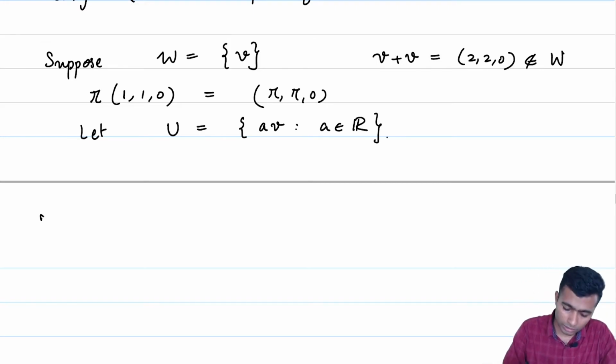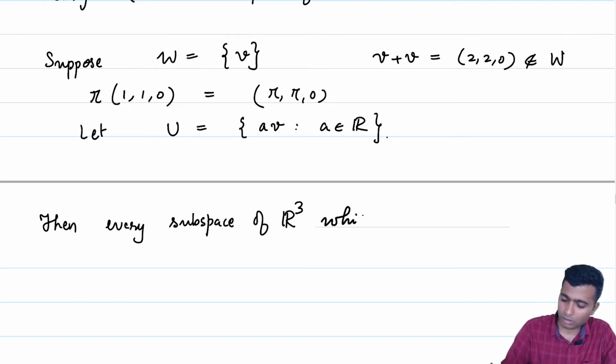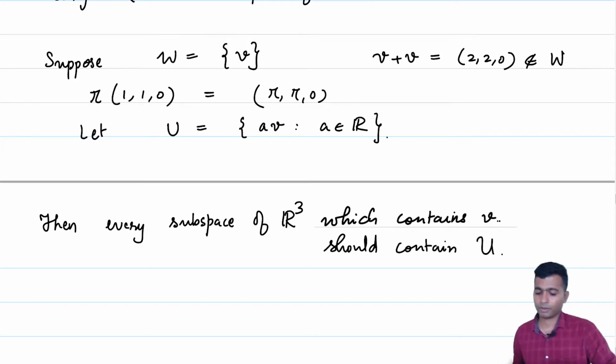Then notice every subspace of R3 which contains V should certainly contain U, because a subspace is closed under scalar multiplication in particular.